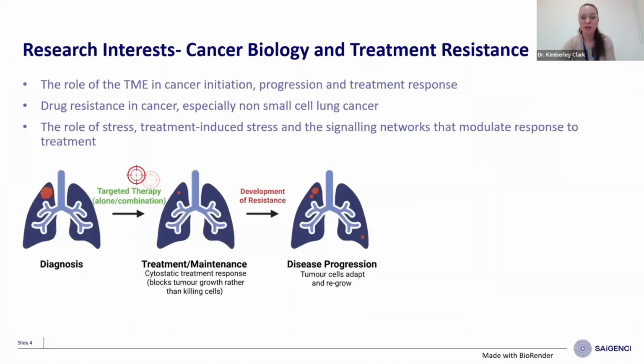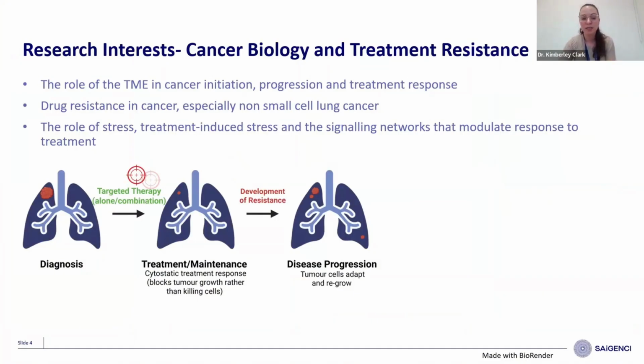In the past, I've explored the role of the tumour microenvironment broadly in cancer initiation and progression, and drug resistance is really where my research interests lie now. For lung cancer, we're exploring the role of treatment-induced stress and the signalling networks that modulate that response to treatment.